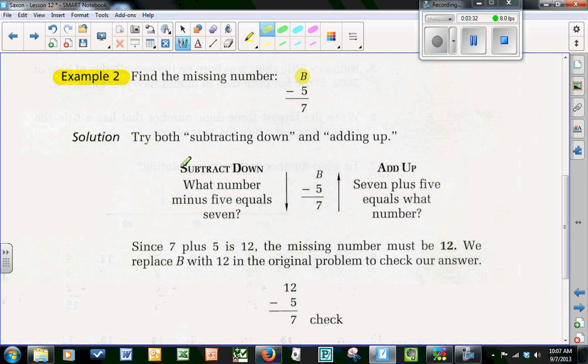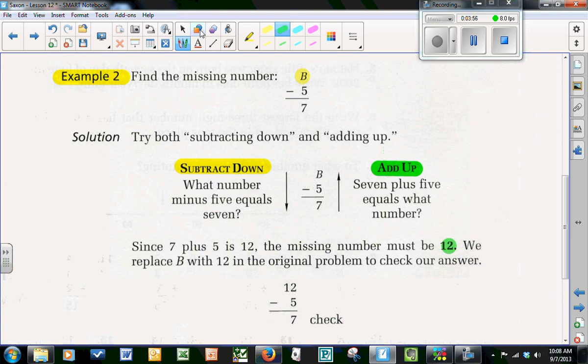So if we subtract down, we would ask ourselves, what minus 5 equals 7? However, if we add up, we're going to say 7 plus 5 equals what? And the answer in both cases is 12. B equals 12. So let me write that over here.